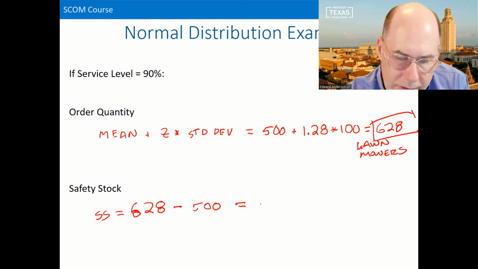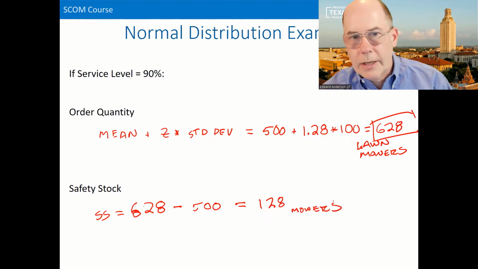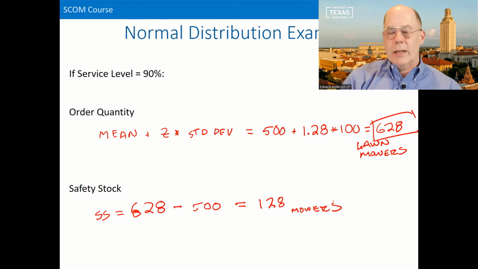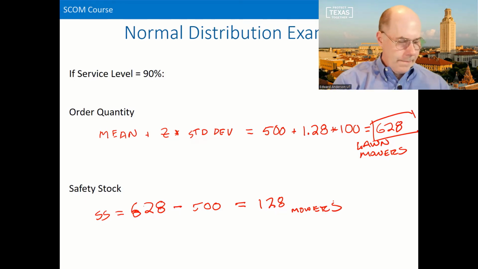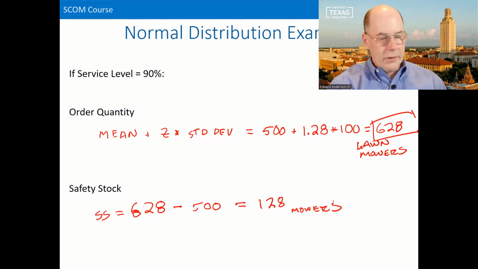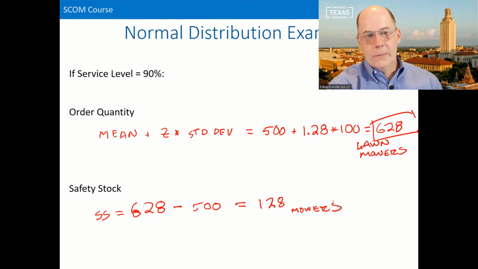And that's going to give us a total of 128 mowers. So that's our safety stock. That'll protect us against unexpectedly large orders. And that's all there is to it.